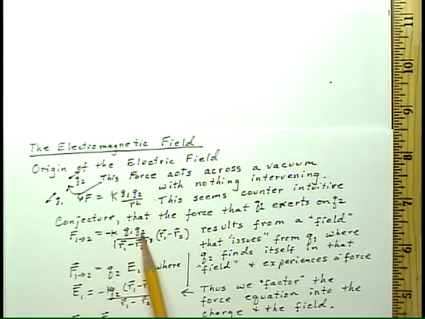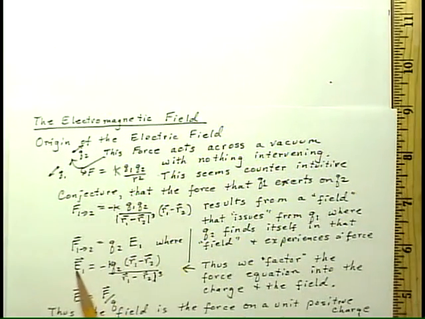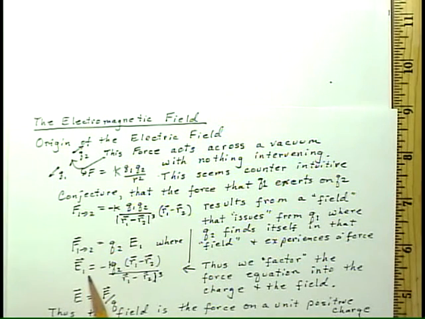What we do is we take the charge Q2 and we pull it out of that equation and factor it out front and write the rest of the factors as simply an E1. So all we've done is factor the equation into Q2 and everything else. And therefore E1, the electric field generated by the charge Q1, is given by this equation, where this should be a 1 right here.